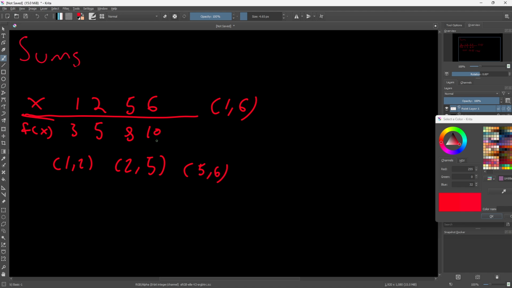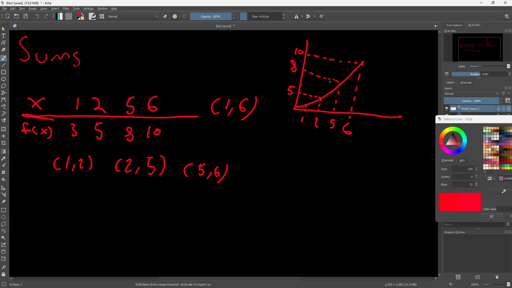So when we're looking at this graph, now let me graph this out over here. So we'll have the line. Maybe we'll say that this is 5, this is 8, and this is 10, and so on. This would be 1, 2, 5, and 6. I know it's uneven, but that's just how it's going to be.